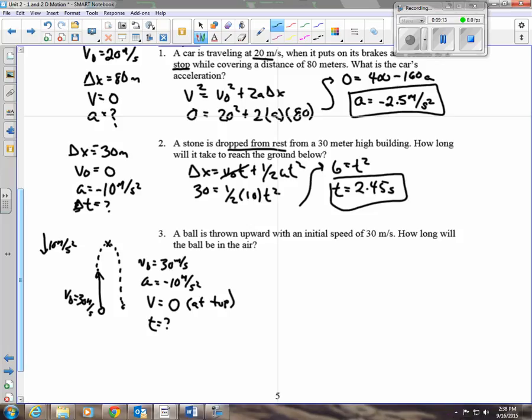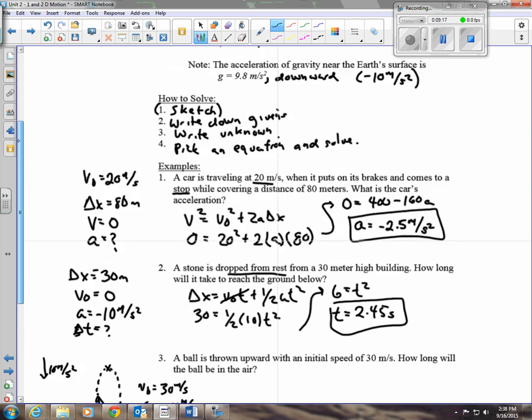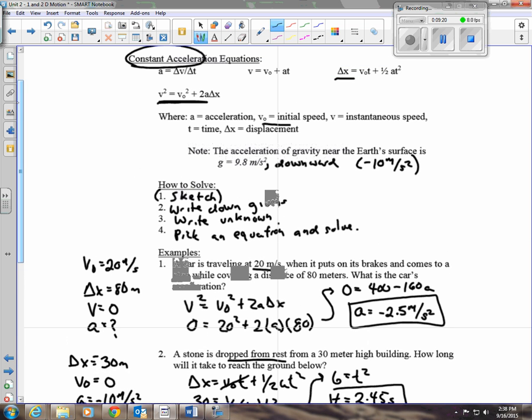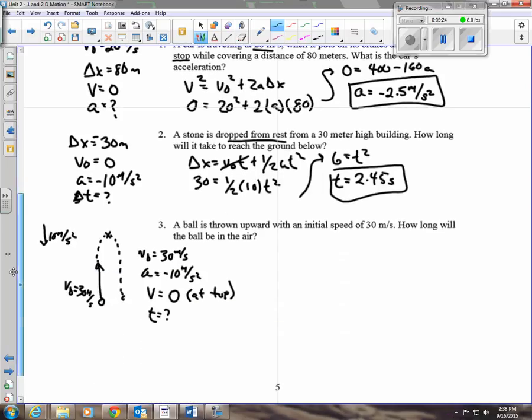So now I have 3 givens and 1 unknown I can solve. If I look at my equations, the one I'm going to use for this one is v minus v0 equals at. So v is v0 plus at. 0 equals 30 plus minus 10 t. When I settle it out, t is 6 seconds.